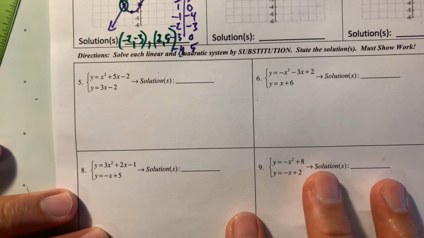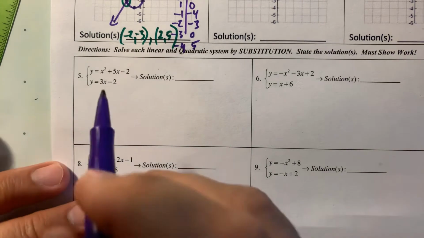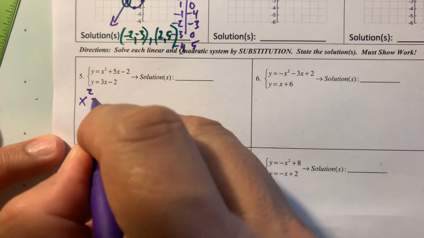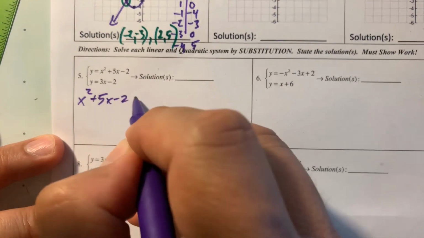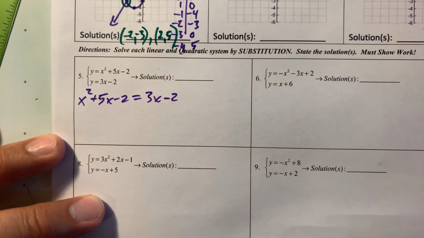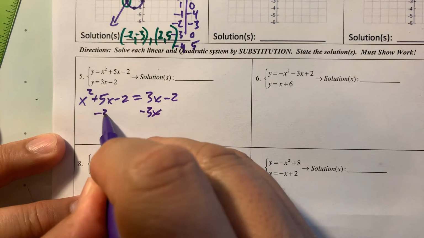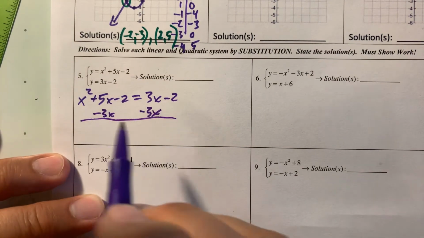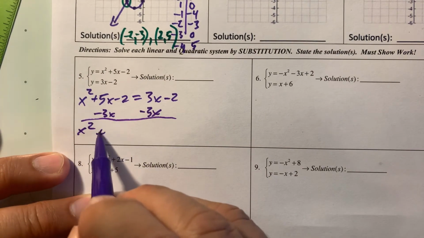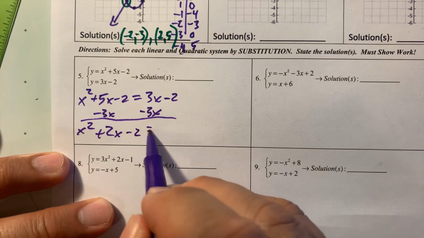All right, let's do this other one algebraically, using substitution. I'm going to take x squared plus 2x minus 2 and set it equal to 3x minus 2. Then I can use my algebra skills and subtract 3x from both sides. That's going to give me x squared plus 2x minus 2 is equal to negative 2.